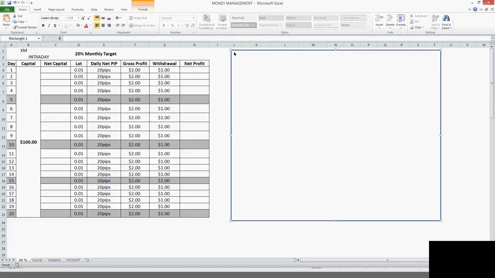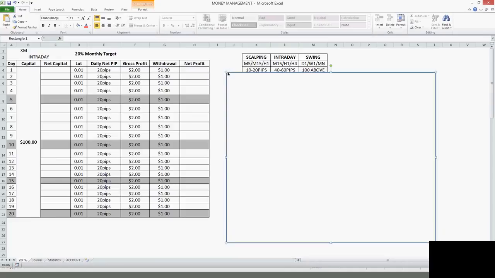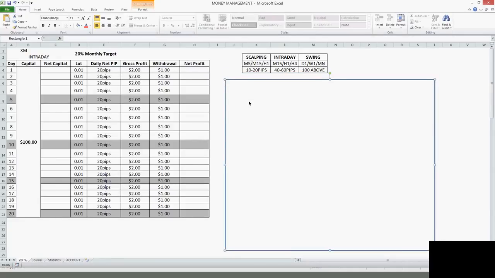Basically, what you need to set yourself up is to identify the time frames at which your particular trading style will be suitable for you. So you need to adapt your trading style based on the time that you have for trading. You don't try to scalp when you don't have time to actually monitor the market.